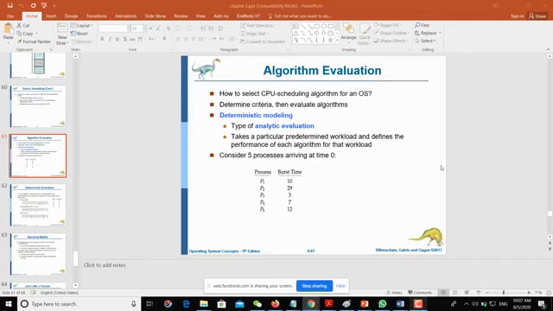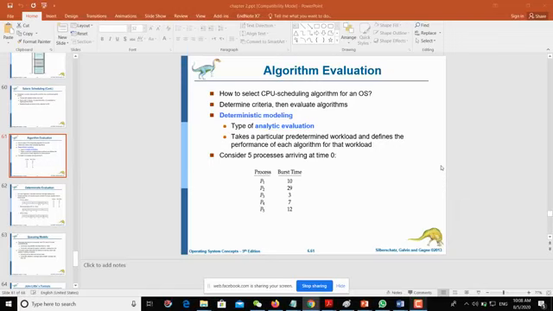The first one is analytic evaluation, which takes a particular predetermined workload and defines the performance of each algorithm for that workload.